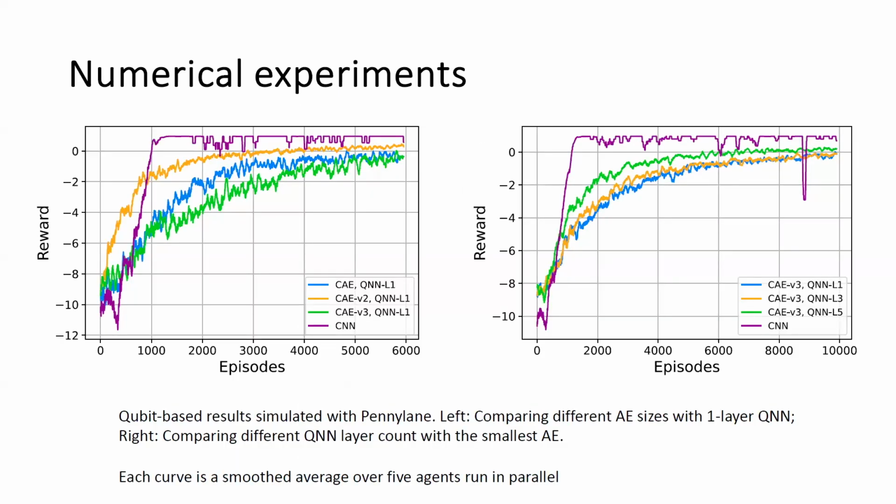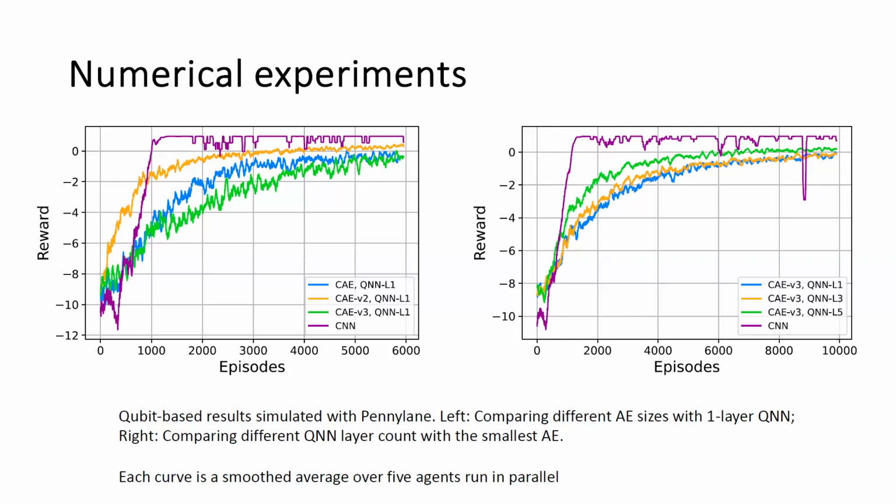So our results with the qubit-based approach were simulated with PennyLane simulator, also using TensorFlow to make it faster. And we compare different sizes of autoencoders with one QNN layer on the left, and we also have a classical baseline in purple.